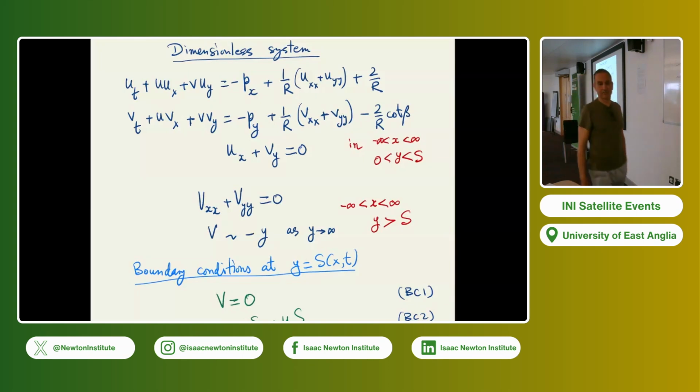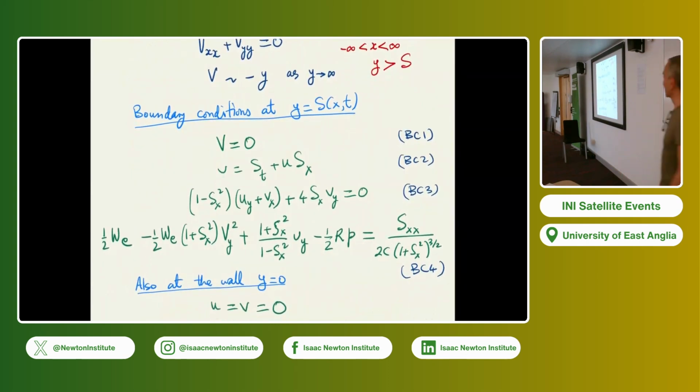So this is the problem. The boundary conditions are V equals 0 at the interface, right? All of these are at the interface. V equals 0, kinematic, tangential stress, normal stress, and then 0 slip at the wall. So in general, you have to do this problem fully numerically, okay?